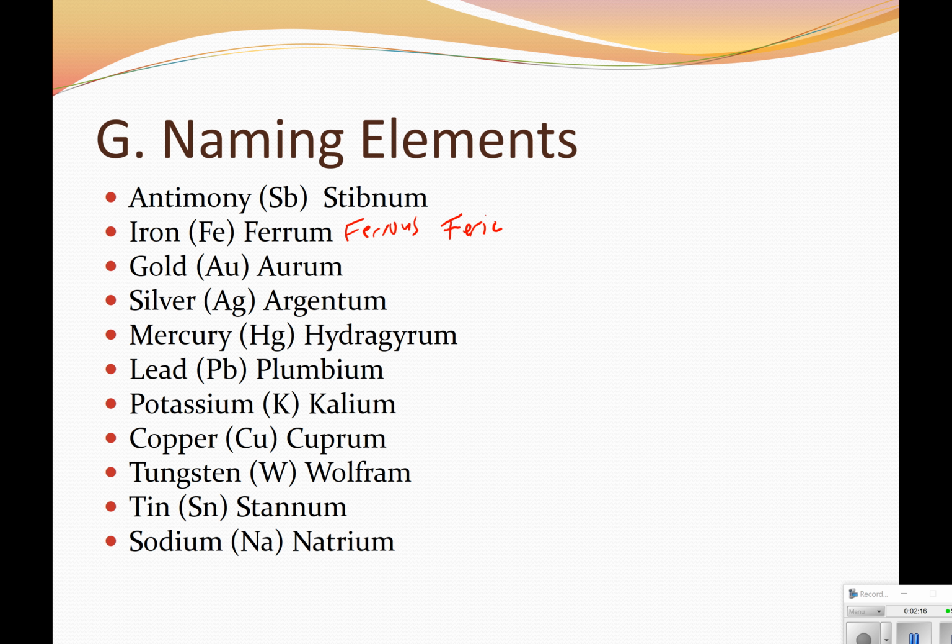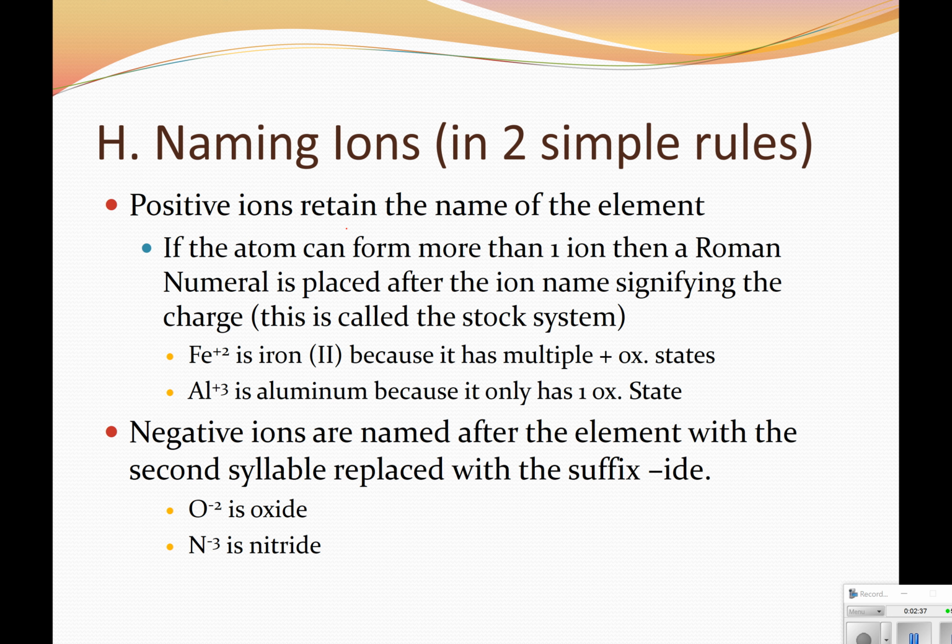Aurum, argentum, hydrargyrum, plumbium, one of my favorites, which is the antiquated name for lead. Kalium, which is where we get the K for potassium. Cuprum, wolfram, my favorite element, tungsten. Stannum, and natrium. So a few of these, really all metals, have names stemming from their previous versions.